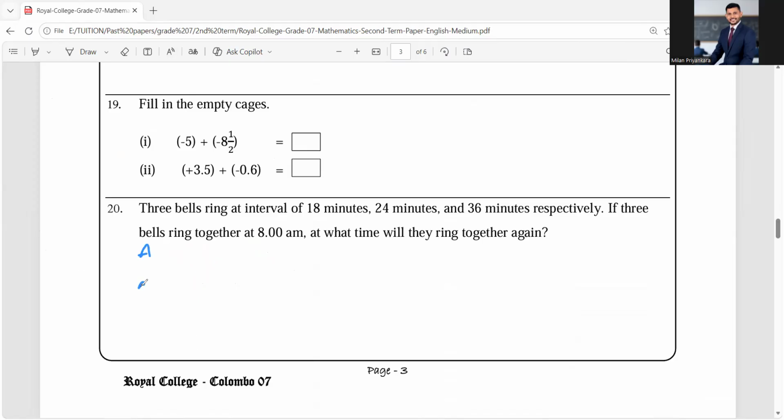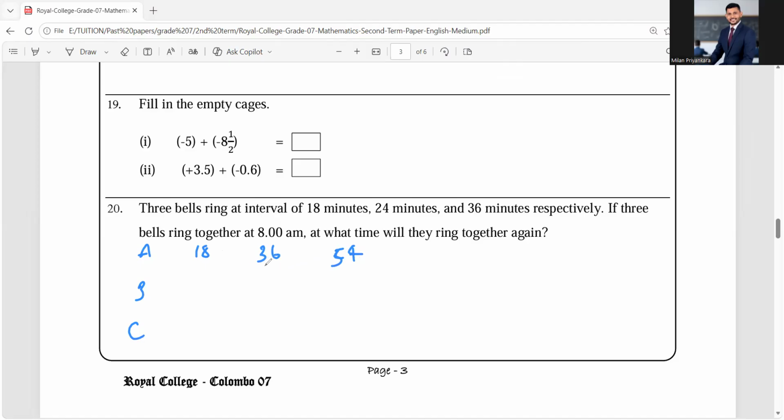Well, let's go A, B, C first. And after 18 minutes, A rings again. 18 plus 18 you can get 36. And plus another 18, what is it? 8 plus 6 is 14, 1 plus this is going to be 54.